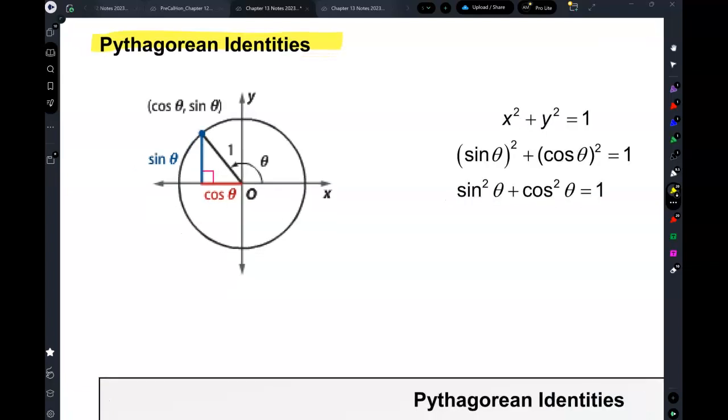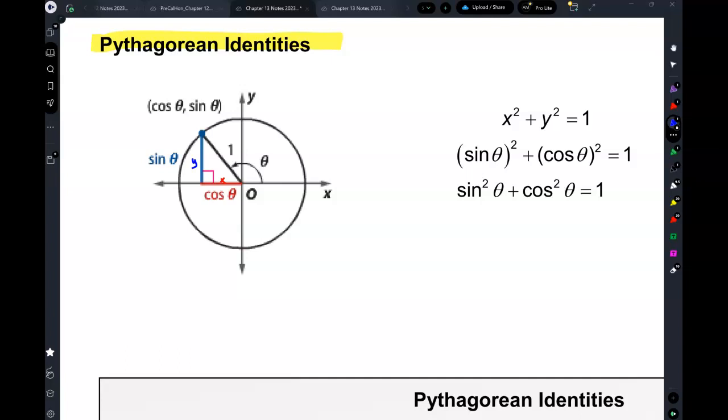We have this lovely triangle on the unit circle. Once you do unit circles, no triangle exists outside the unit circle. Everything just gets scrunched down into a unit circle. So if this was x and this was y, then the Pythagorean identity would say x squared plus y squared equals 1 squared.